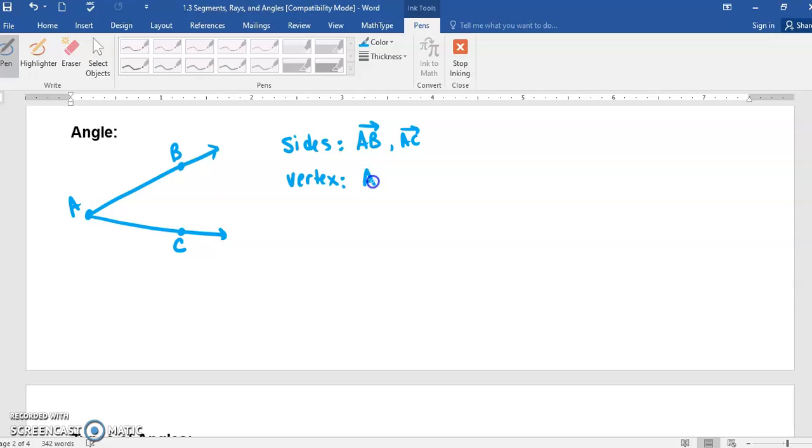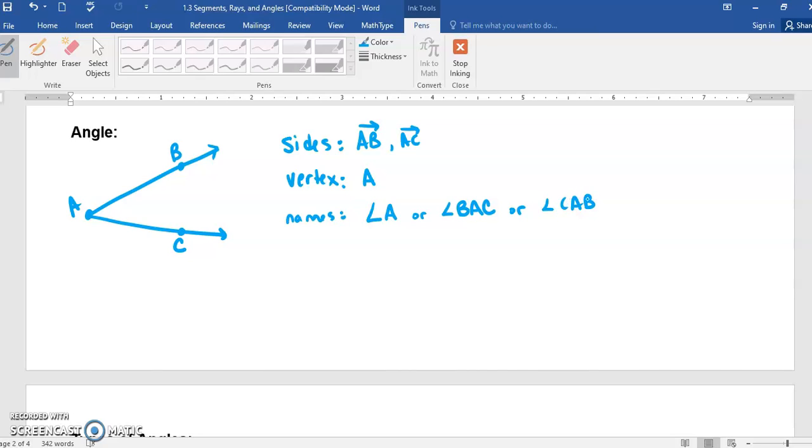That's point A. And there are different ways to name that angle. Sometimes we can just say angle A. It kind of looks like a less than symbol, but it's not quite the same shape. Or we name it angle BAC, or we name it angle CAB.